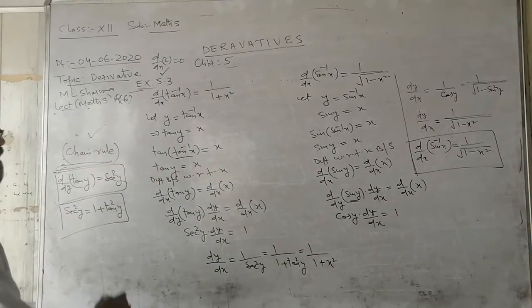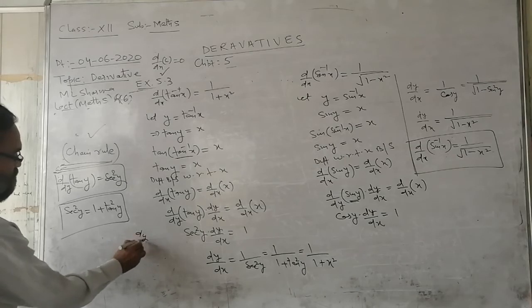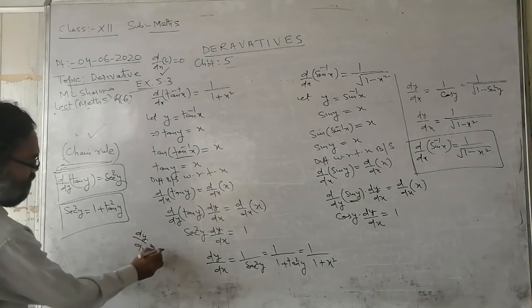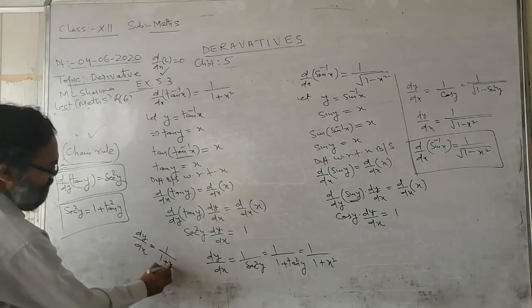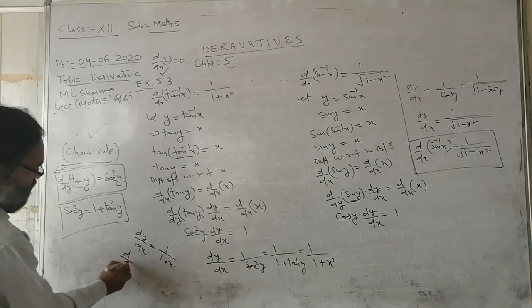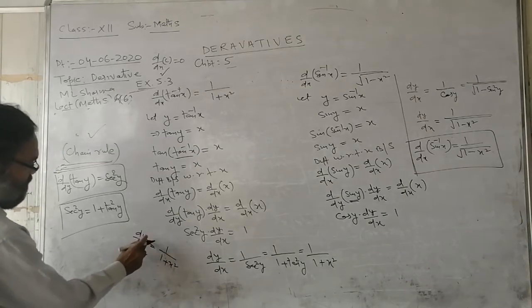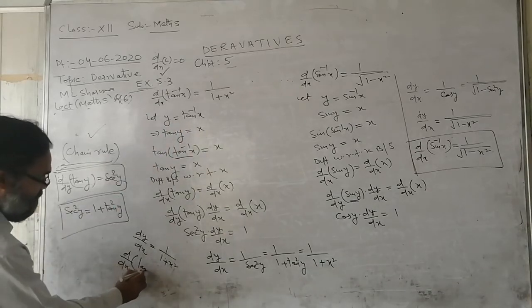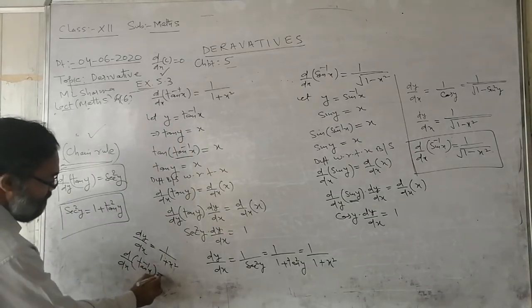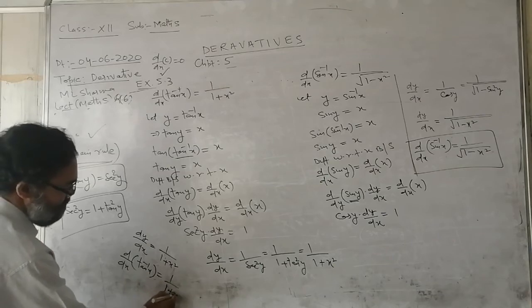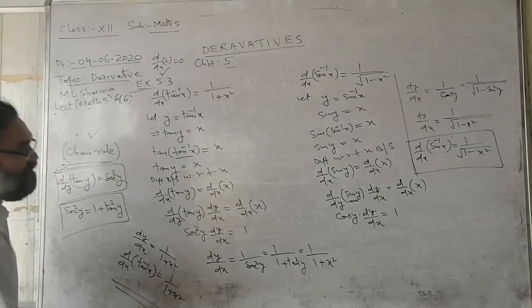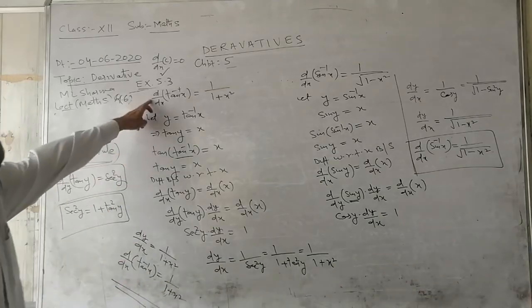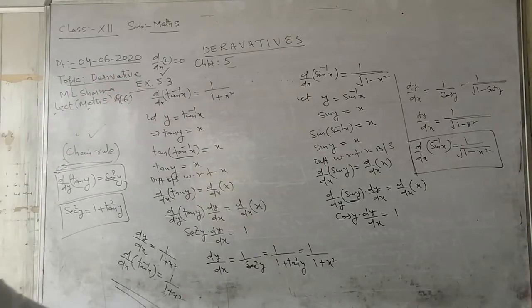So that means dy upon dx equals to 1 upon 1 plus x square, or d upon dx of, instead of y you can write tangent inverse x, and this is 1 upon 1 plus x square. So this is how the derivative of tangent inverse x is this.